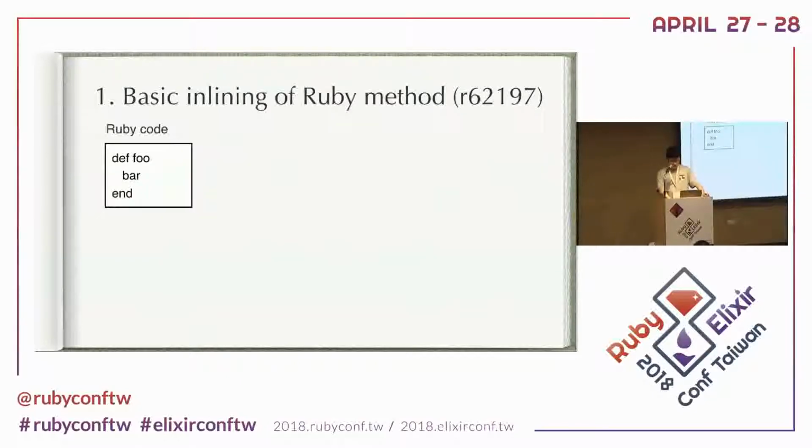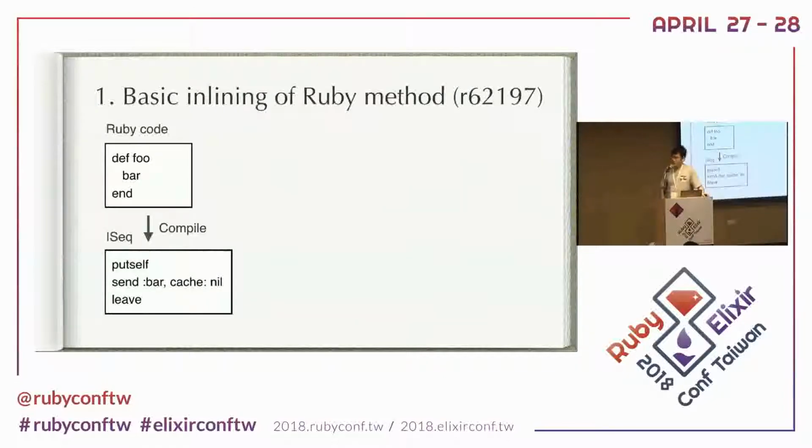I will show you how Ruby is behaving right now and how it's changed. You may want to know this, because if you understand this, you understand why Ruby is currently slow. So it's kind of an interesting topic, isn't it?